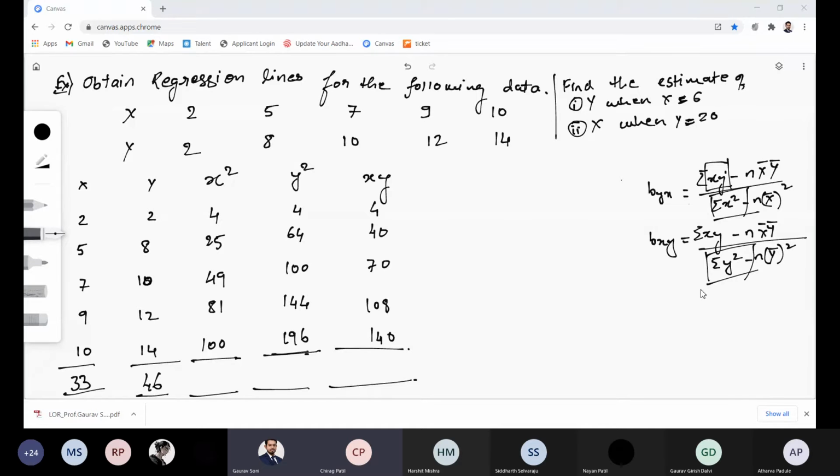Sir, x square is 259. Sir, y square is 508.